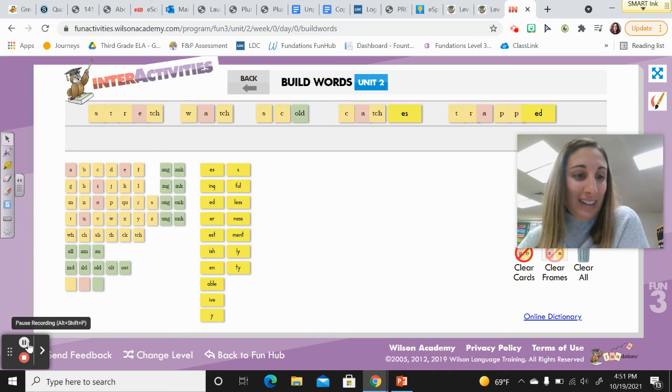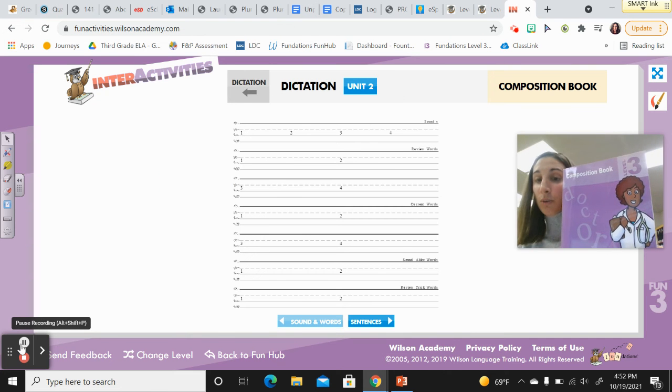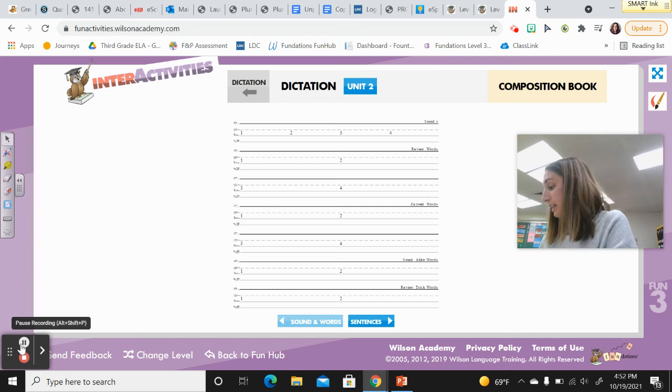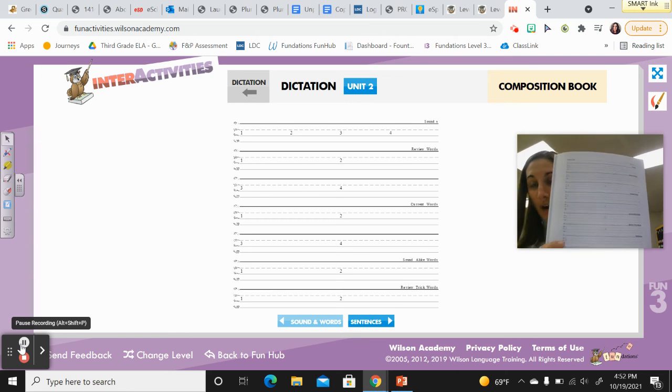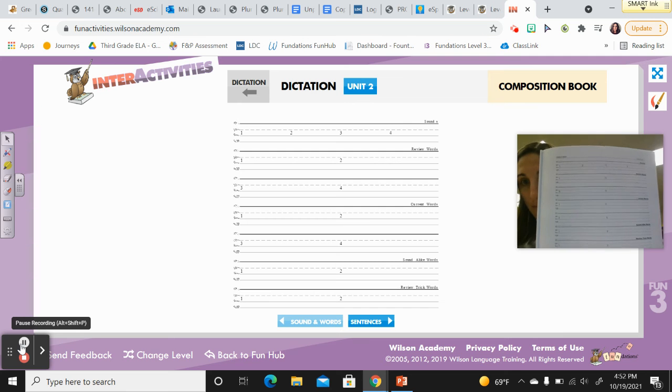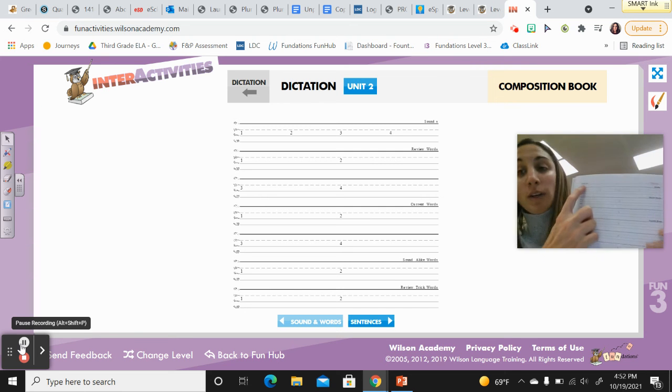Nice work. Okay, the next thing we're going to do, 3rd grade, is go into your composition book, with the doctor on the cover. If you've been here every day, the next clean page should be page 7. So actually, everybody should be doing this activity on page 7. Up at the top, make sure you write today's date.